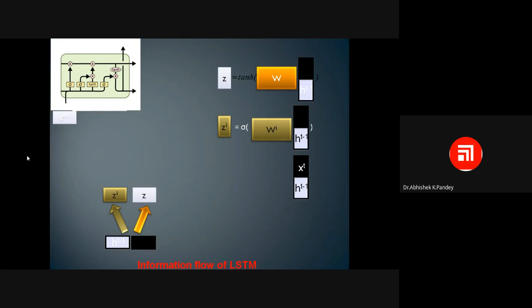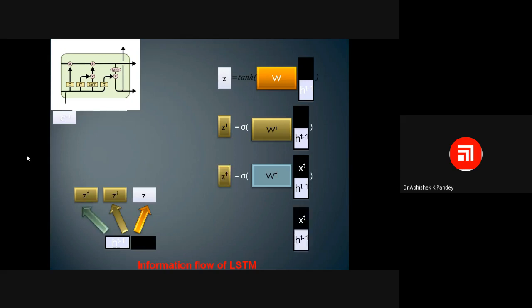At last, in the third part, the cell passes the updated information of the current timestamp to the next timestamp and so on. Getting my point?